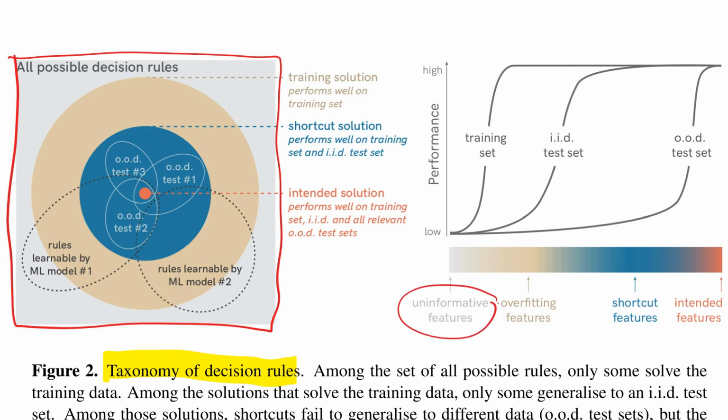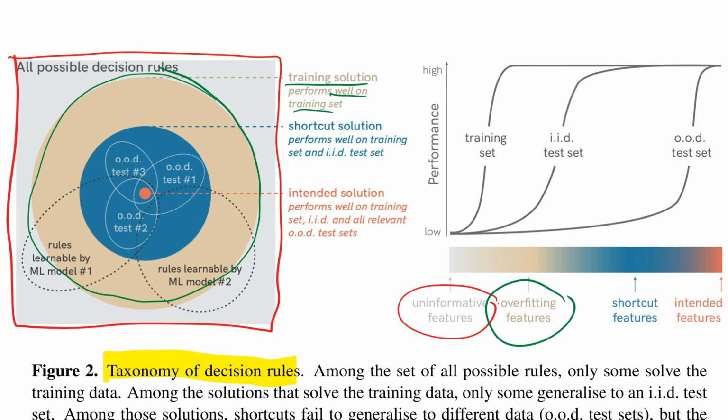But then there are some decision rules that perform well on training data, right? This is this big circle here, right? So there are some decision rules that perform well on the training set, and they call these overfitting features. So these are all the features that perform well only on the training set, sorry, the overfitting features.